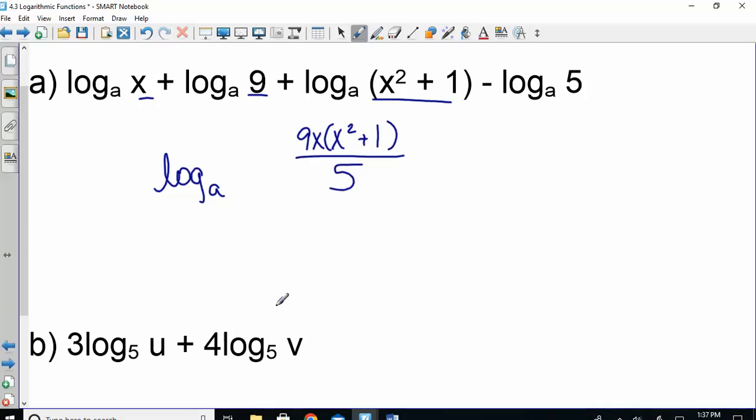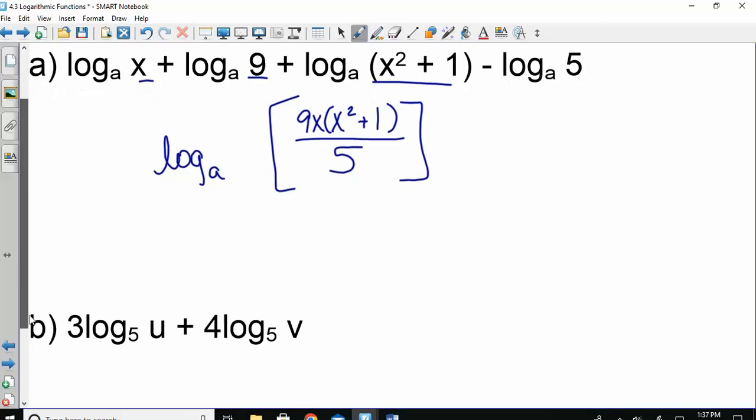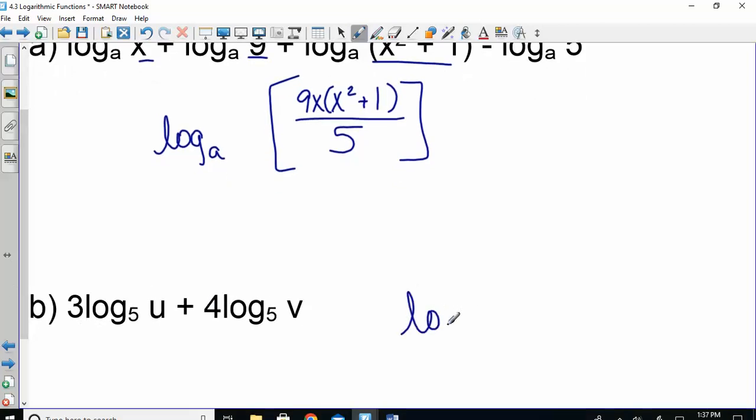If you wanted to distribute that, you can, or you can just leave it like this. B, you would have log base 5 of u to the third times v to the fourth. Are those okay?